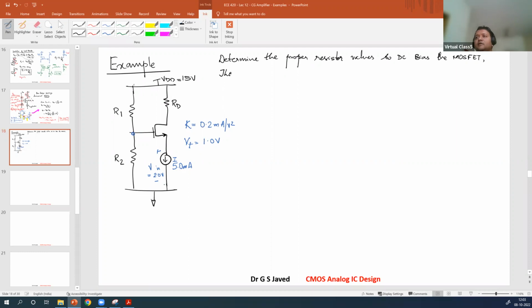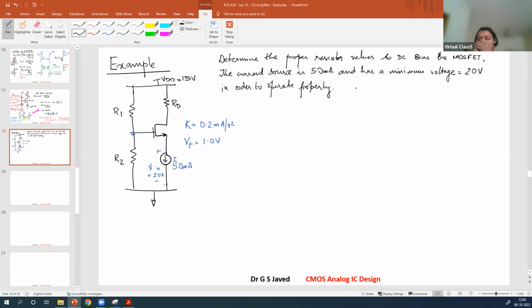The current source is 5 milliampere, and it has a minimum voltage equal to 2 volt in order to operate properly.